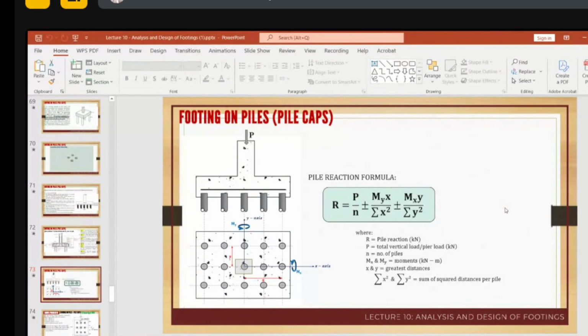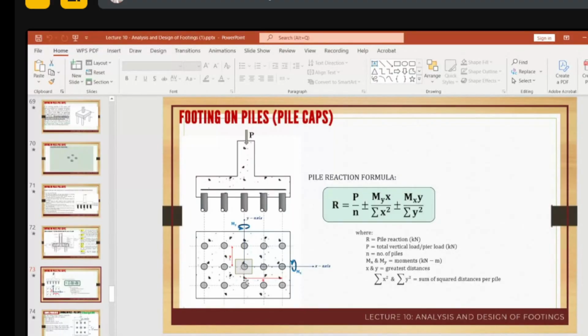So for the pile reaction formula, take note of this formula, class. R, the pile reaction, equals P over N plus or minus My times x divided by the summation of x squared, plus or minus also the moment induced along the x-axis, Mx times y divided by the summation of y squared, the squared distances per pile.